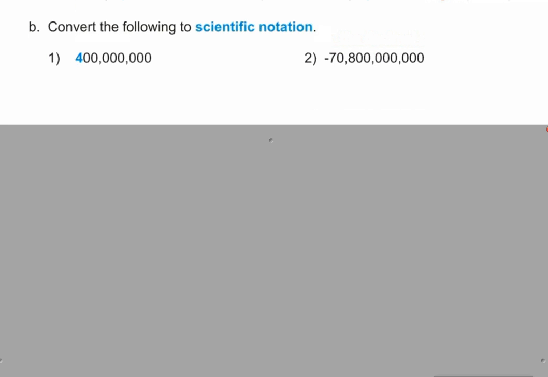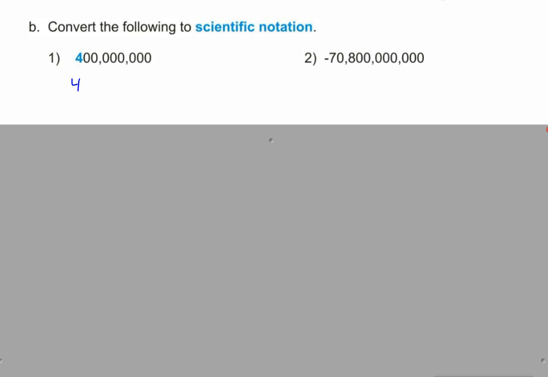All right, so B, convert the following to scientific notation. Our first number is 400 million. Can you read your numbers well, I hope? 400 million. The first thing says, write all non-zero digits and any zeros that might be between them. Well, all we have is a 4.